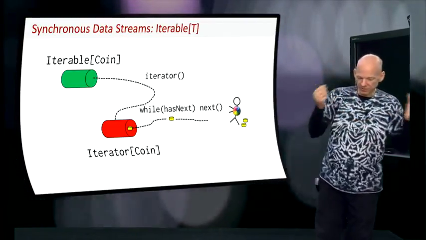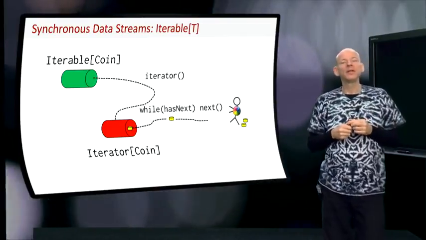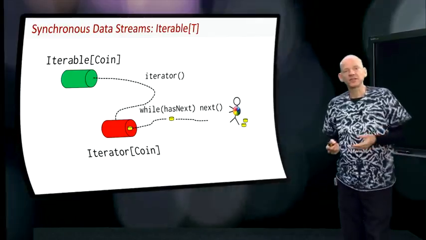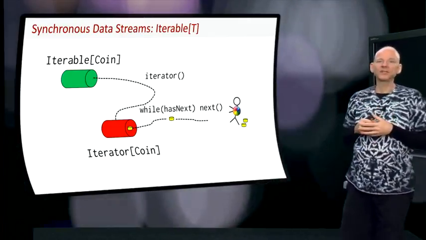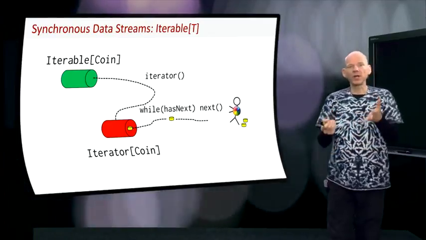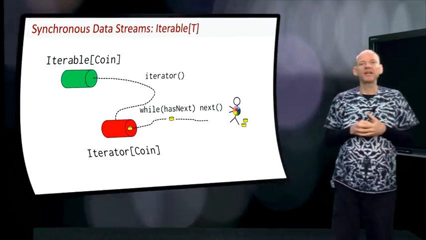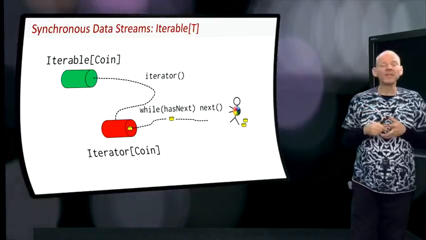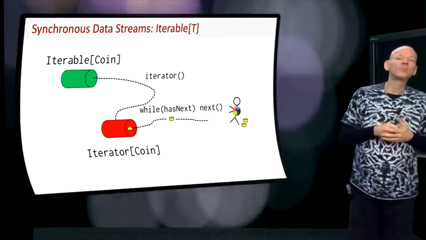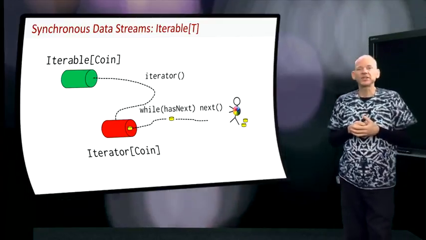And to go back to our little game, imagine that we have a list of coins. A list is a kind of iterable, so there we have our iterable of coins. And once we want to pull the coins out of our wallet, we have to first get the iterator, and then we go typically in a loop while there are more values in the iterator.